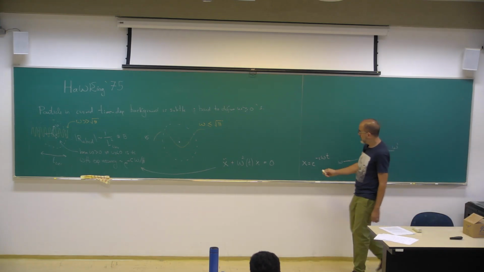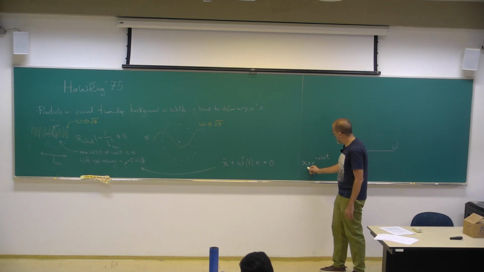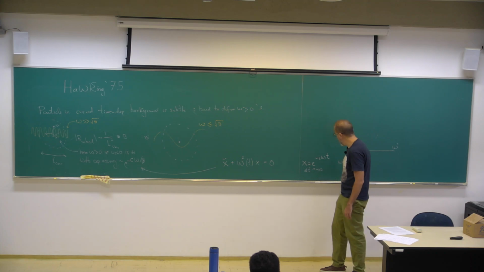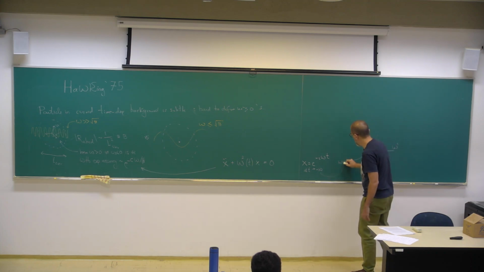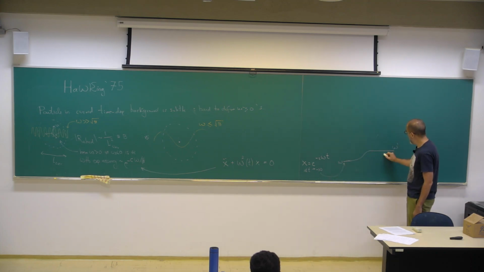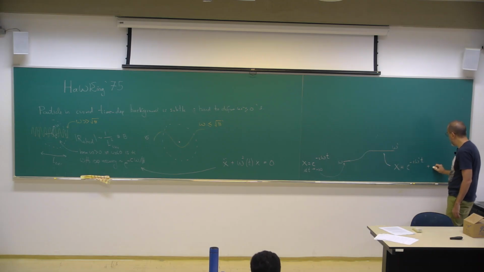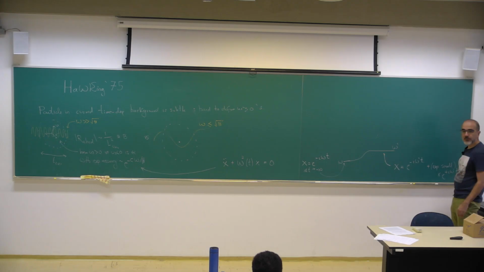Then the claim is that the solution will look like this at t going to minus infinity. Here the solution oscillates like this, and at the end, if you solve this differential equation with an omega like this, x would be e to the minus i omega prime t plus exponentially small terms times e to the plus i omega prime t.